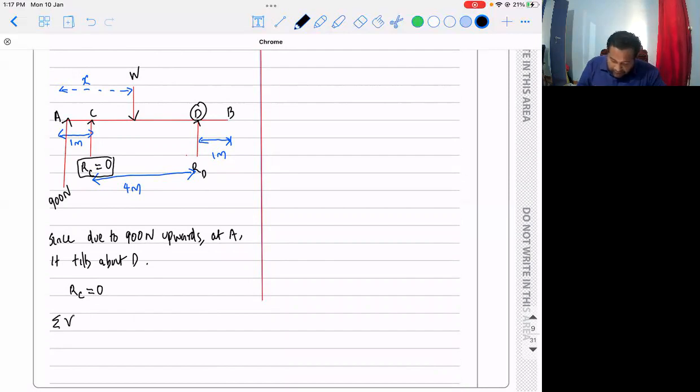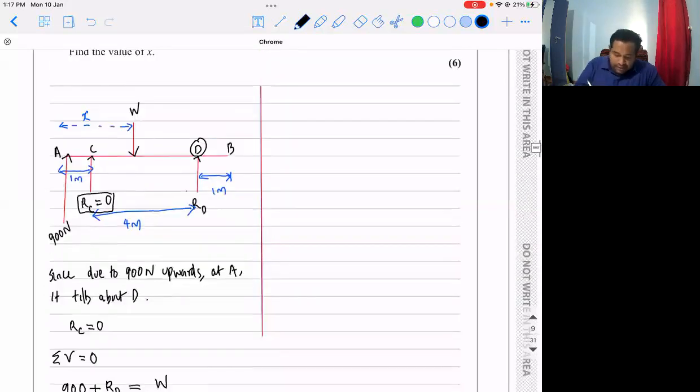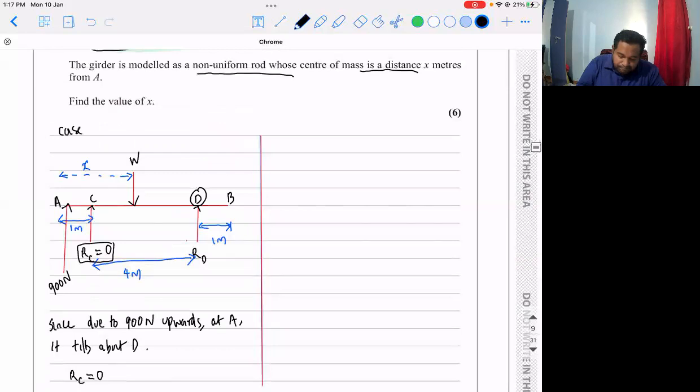The total force in the vertical direction is equal to 0. That means 900 plus RD is equal to W, because we are not interested to consider RC. Or if you're making RD the subject, it is W minus 900. So the value of RD we got as W minus 900, equation number 1. This is case number 1.